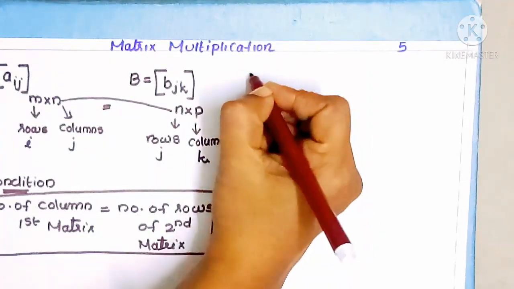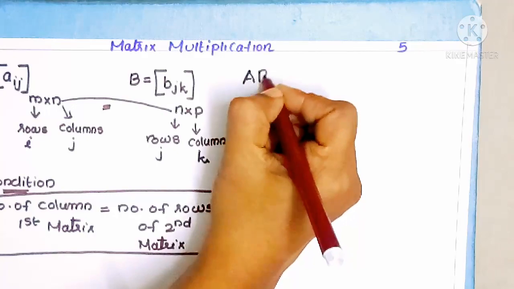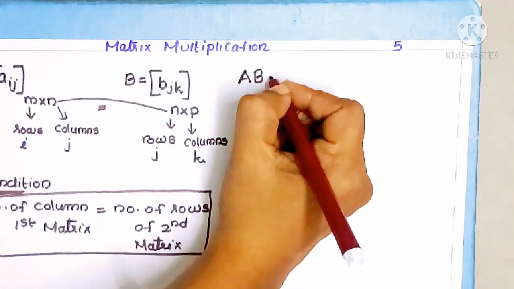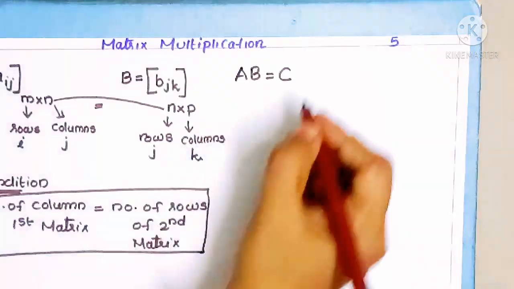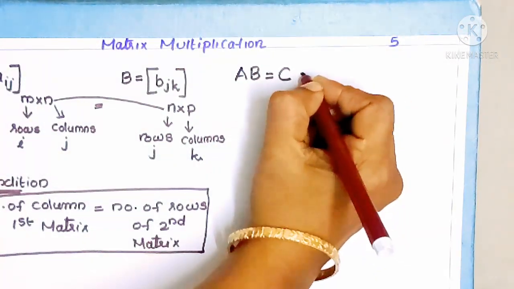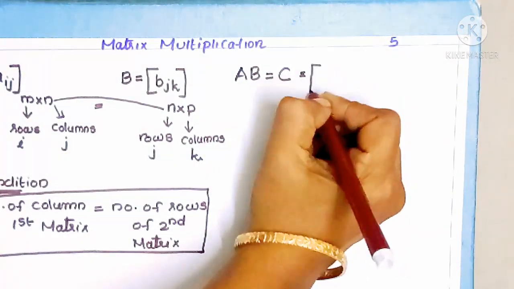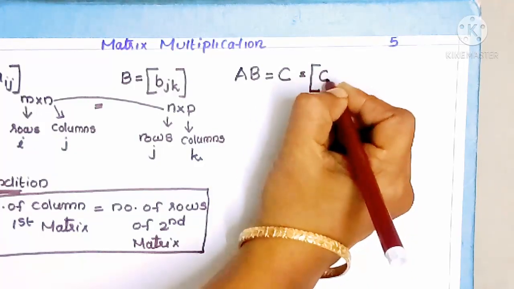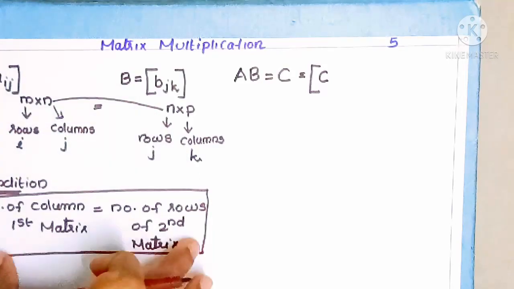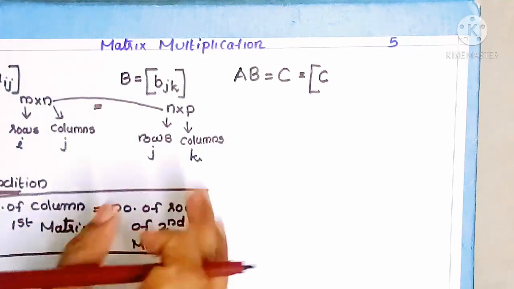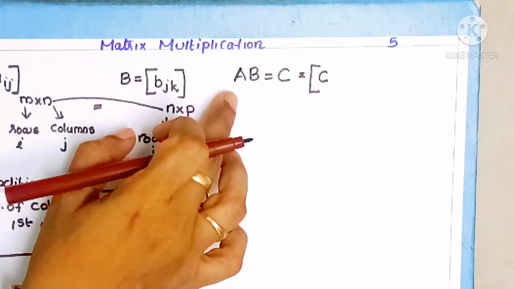We can take the AB product, and the resultant matrix can be called C. The product matrix can be written in square brackets, and its element can be written as C. Here A and B satisfy the necessary condition, so we can take the product AB.